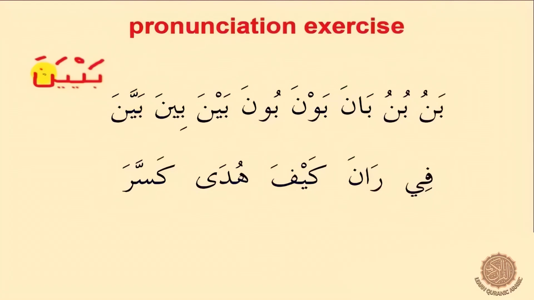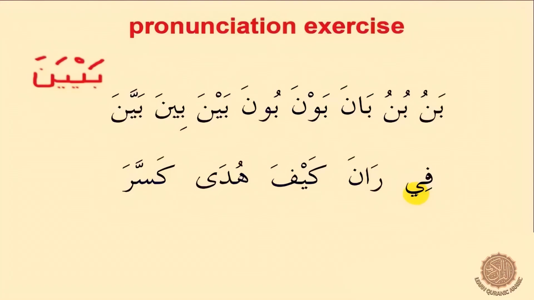Let's go to the 5 words below. We'll pronounce it and give you the meaning. So the first word is fi. So you notice there's the elongation, the long vowel. Fi means in, and that in could either be physical or abstract. So if we say fil bayt, in the house, or it could be abstract. For example, if I say fi ra'yi, which means in my opinion.